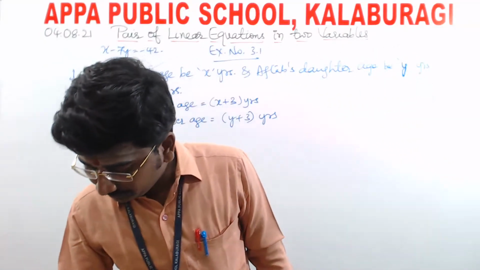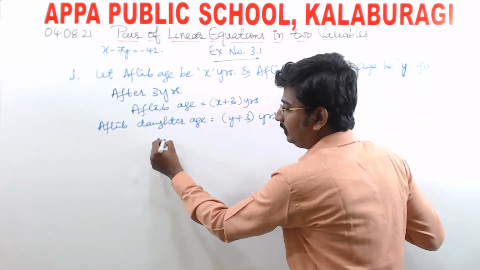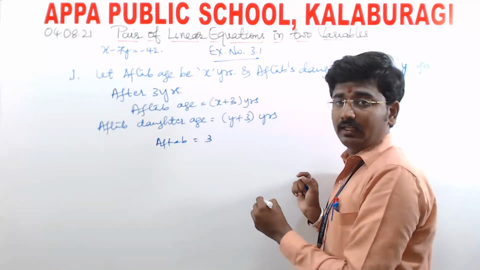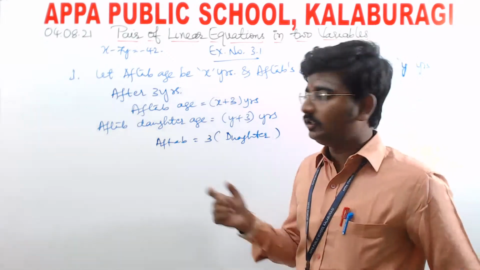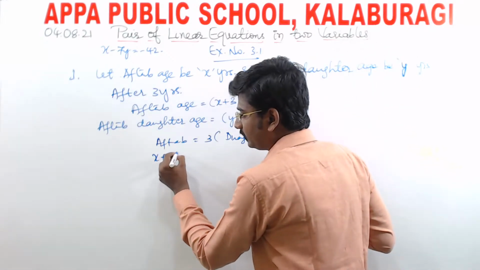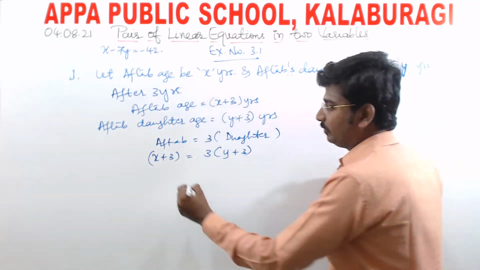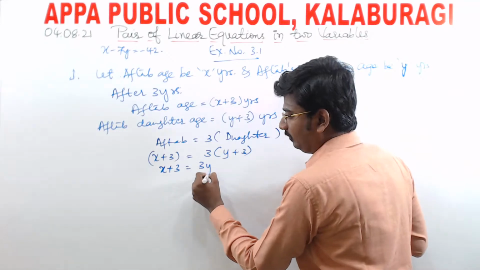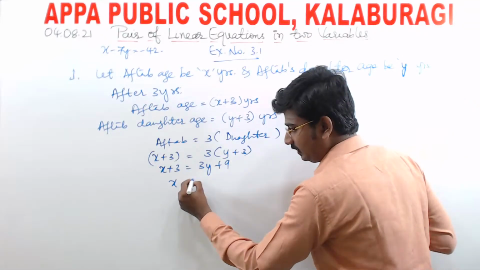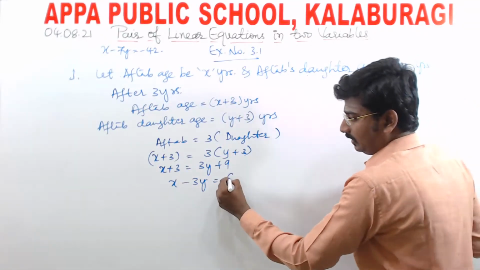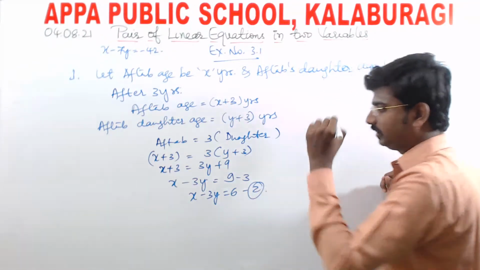Now what he says: after 3 years, I shall be 3 times as old as you are. Aftab will be 3 times as old as his daughter. So again, this would be X plus 3 equal to 3 into Y plus 3, so X plus 3 equal to 3Y plus 9. 3Y shifted to LHS: X minus 3Y equal to 9 minus 3, so X minus 3Y equal to 6, equation 2.